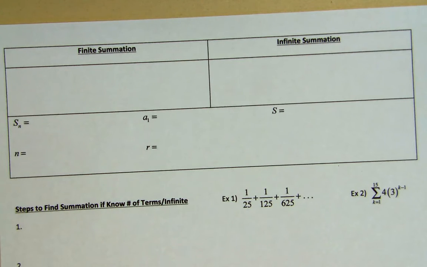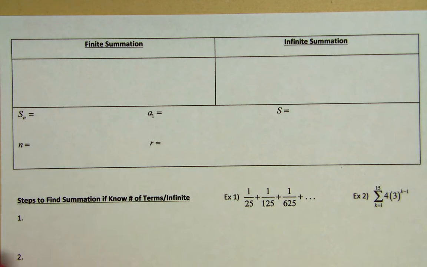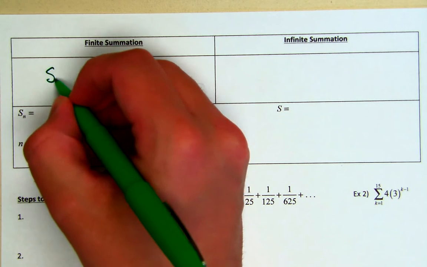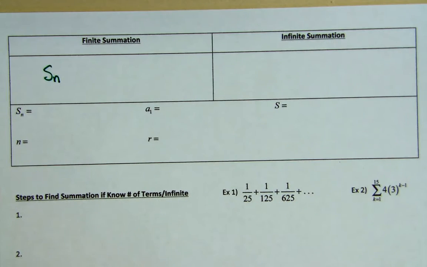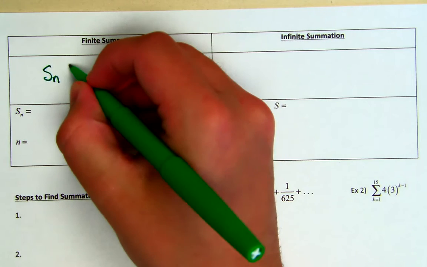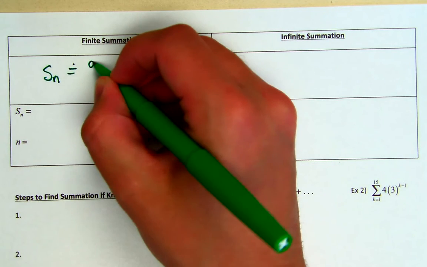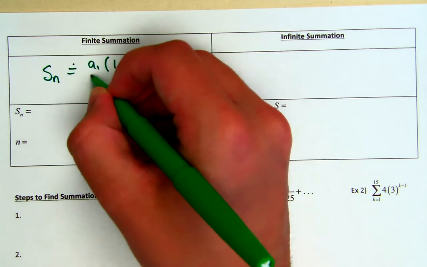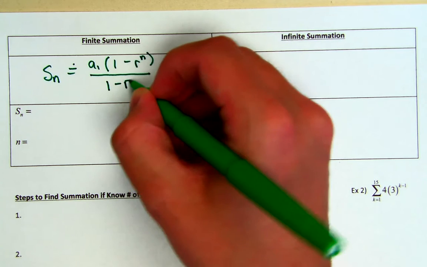Alright, let's put this into practice. Let's figure out how we do these. Or, let's give some formulas to you guys. So, finite, again, that's going to be the sum of terms where we have a starting and an ending. So Sn equals a1 times 1 minus r to the power n, divided by 1 minus r.